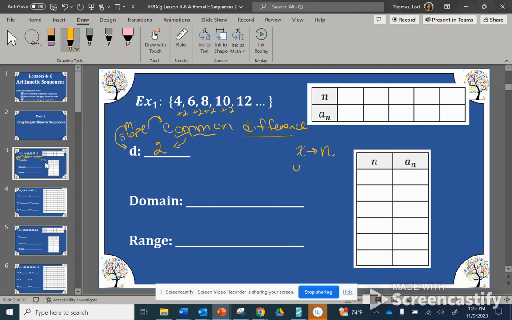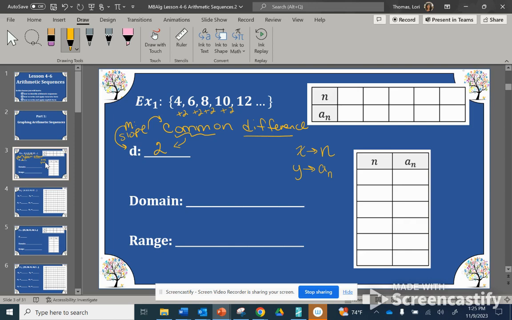And instead of y or f of x, we're going to use a sub n. So a little bit of new notation. Instead of m for slope, we're going to use d for the common difference. For our input values, we're going to use n. And for our output values, we're going to use a sub n. So the sequence terms themselves are the actual output.